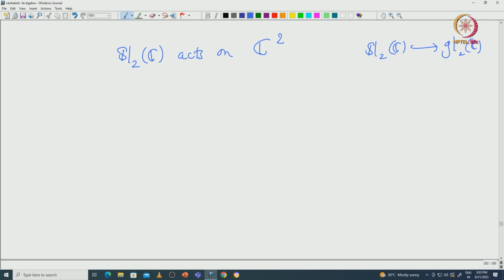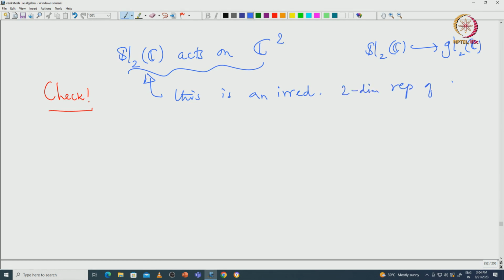I will leave it to you to check that this is indeed an irreducible 2 dimensional representation of SL2C. Okay.